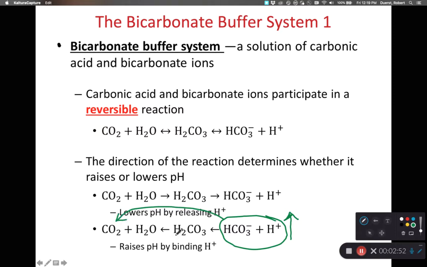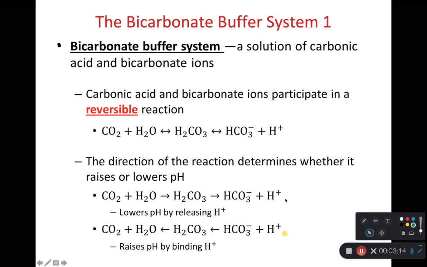So either way, we can predict the reaction based on the relative concentrations of hydrogen ions. If we're adding hydrogen ions, we compensate by binding them and removing them from solution. If we are removing hydrogen ions from the solution, we compensate by releasing more into solution. That's how this buffering works.